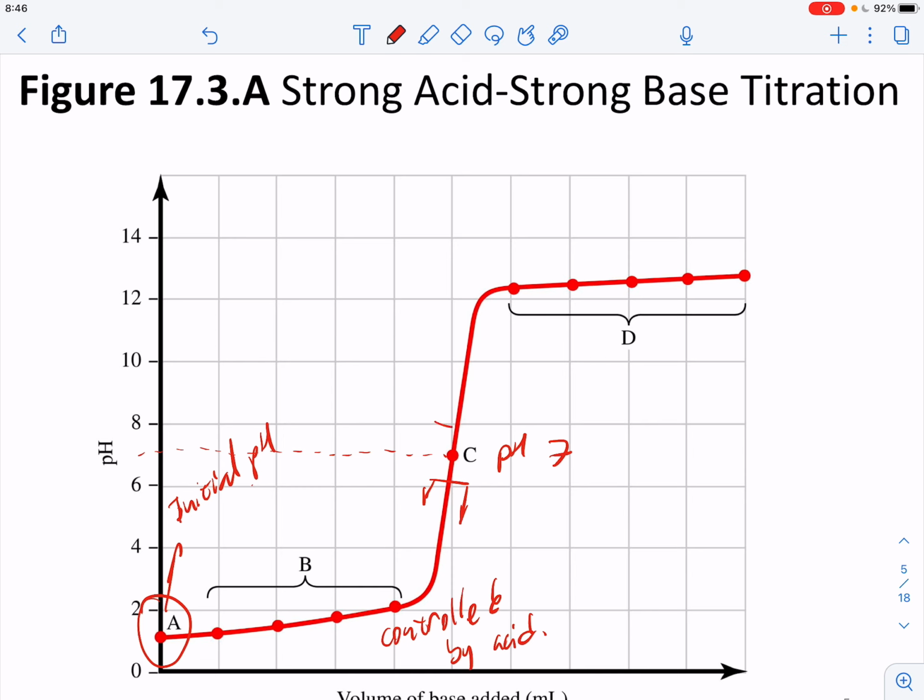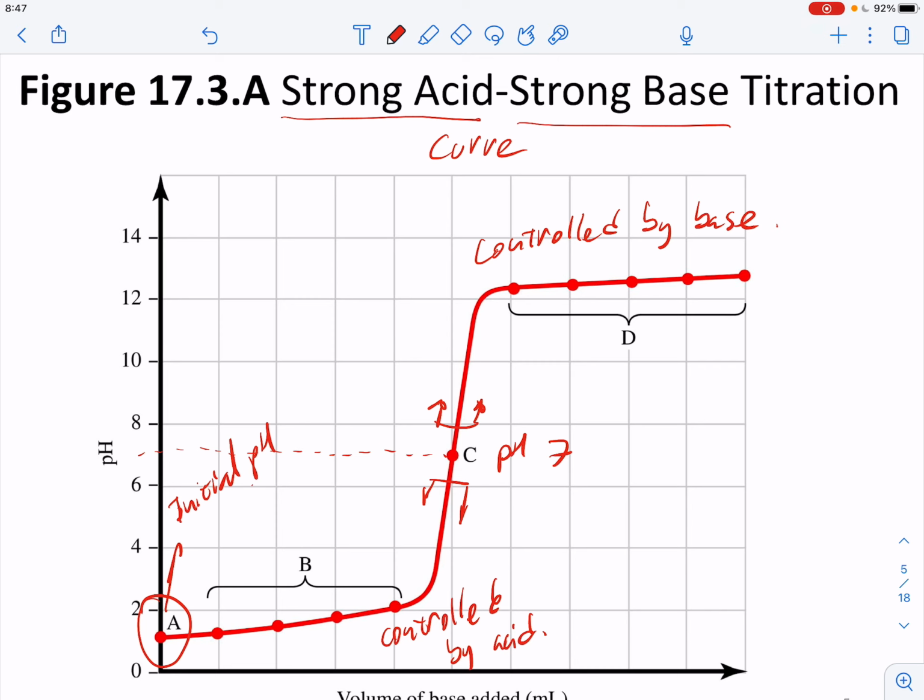And from here up, at that point, all the acid is gone. This region is controlled by base. So that's how, and we have to be specific here, a strong acid, strong base curve.